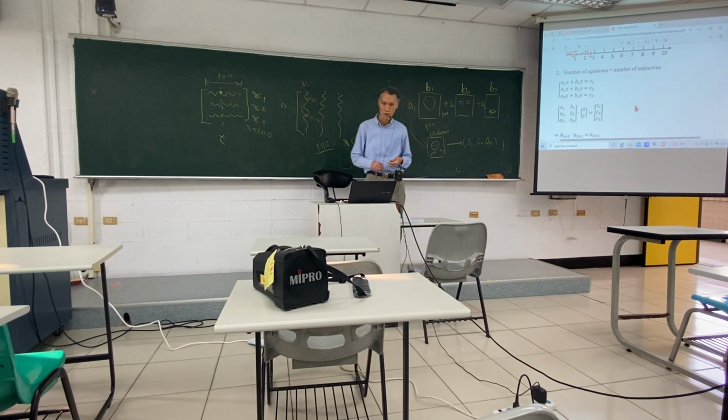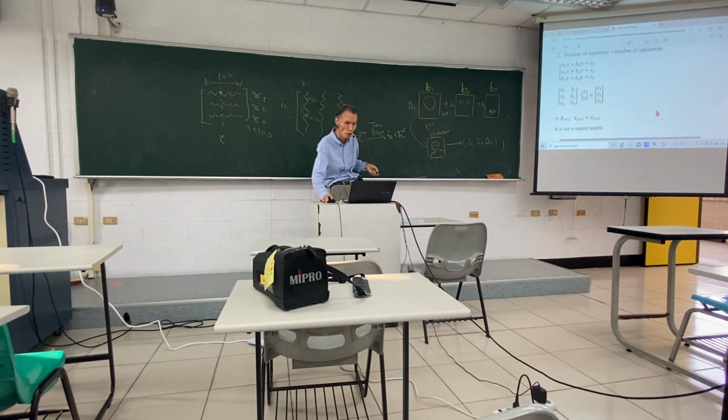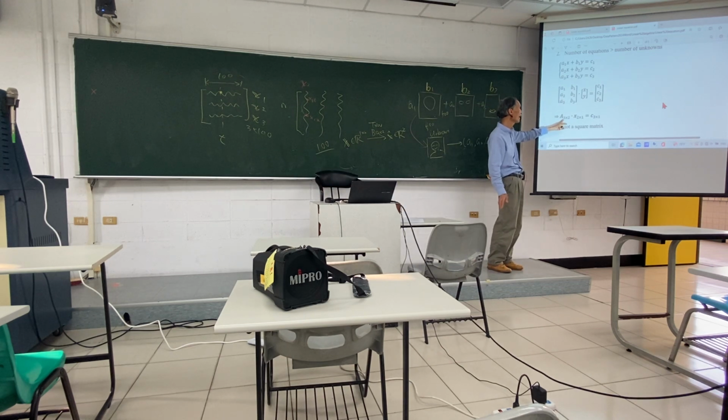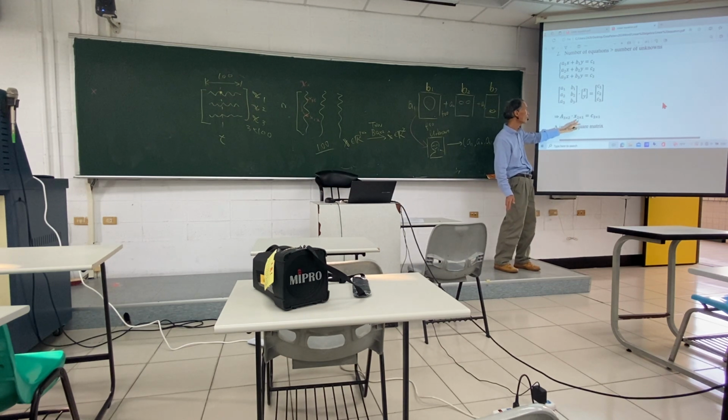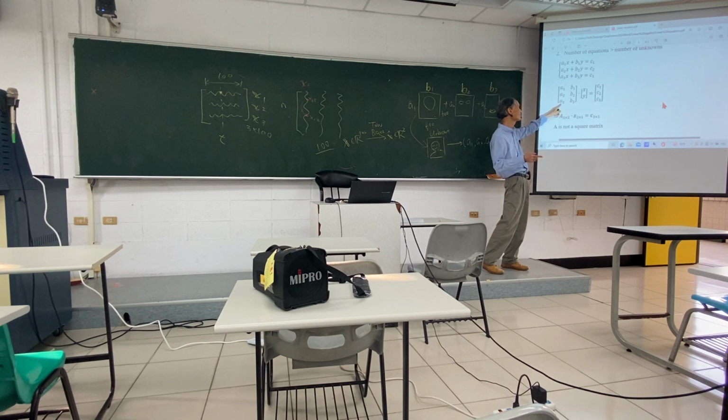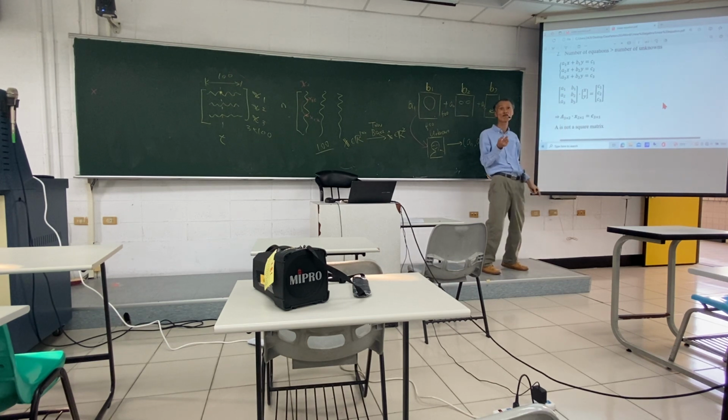Then to solve the problem here, we take this as A, X is unknown, C is the expected output. But because A is not square, it's 3 by 2, not 2 by 2 or 3 by 3, there's no way you can solve for the inverse.